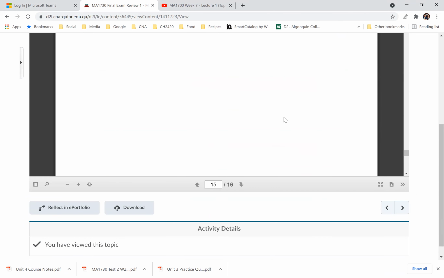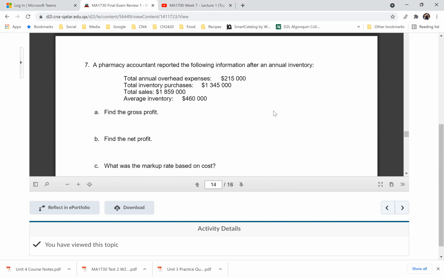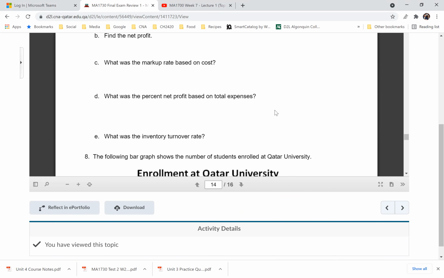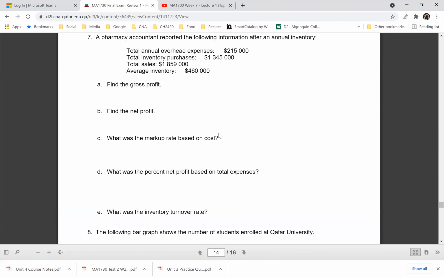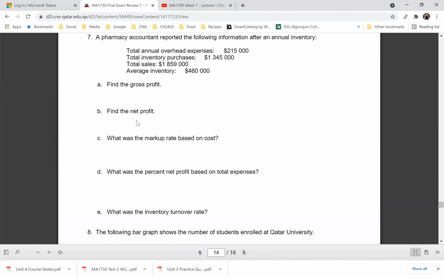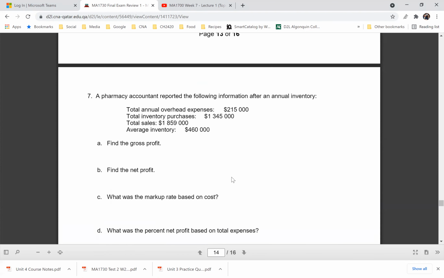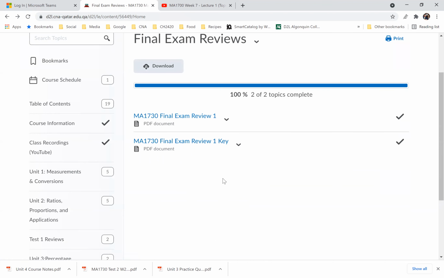Actually, this final exam is missing a question. Oh, no, it's not. Here it is right here. Never mind, this final exam just did it in a different order. So guys, you see question number 7 here. Find the gross profit, find the net profit, find the markup, what's the percent, find the turnover rate. You'll notice that that question is the same as the one we're about to do. So I highly recommend you guys practice this final exam.